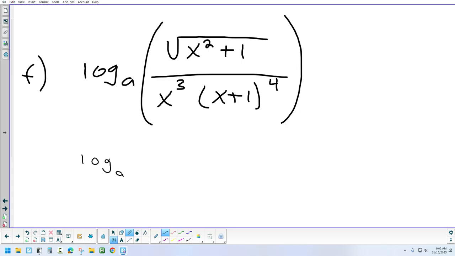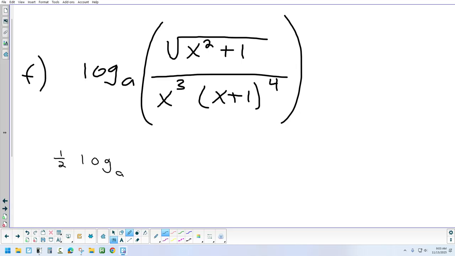How are we going to rewrite the first log so it doesn't have the square root anymore? Yeah. You put the 1/2 in front. Yep. I'm going to put a 1/2 in front.